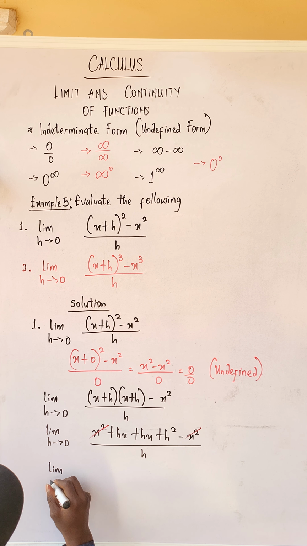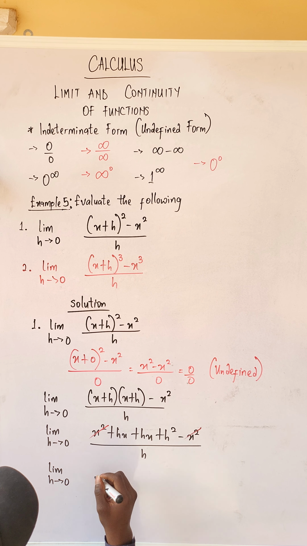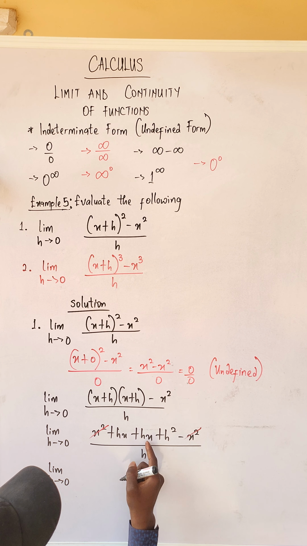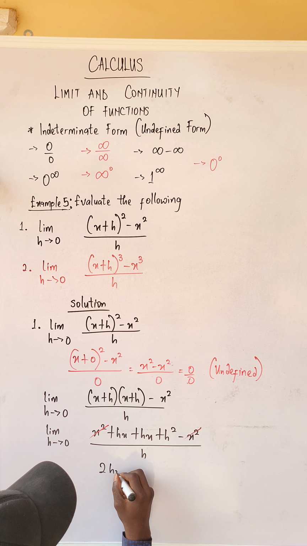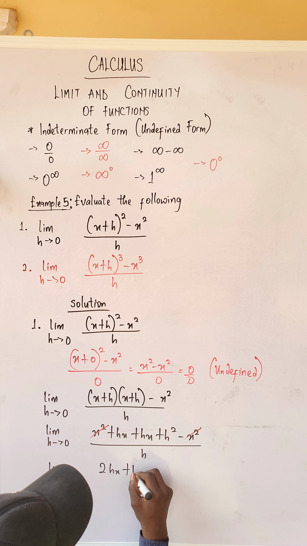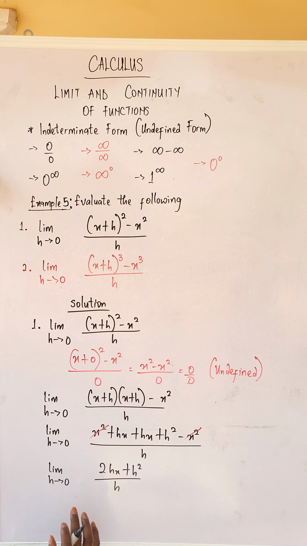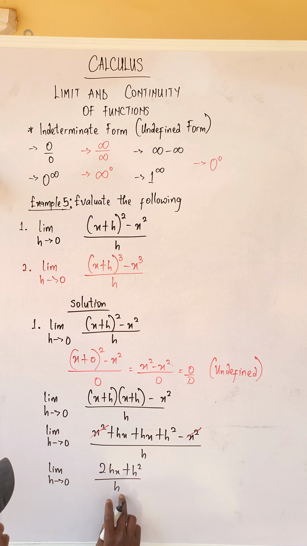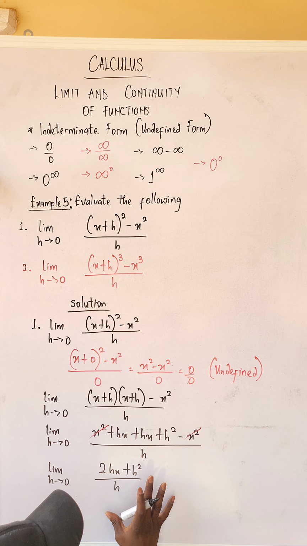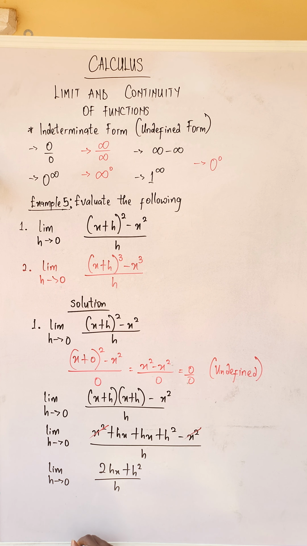So we are left with limit as h tends to 0, hx plus hx gives 2hx, then plus h squared, over h. Now, if you still insert 0, your denominator will still give you 0, and you still have 0 over 0. So we can factorize h out.